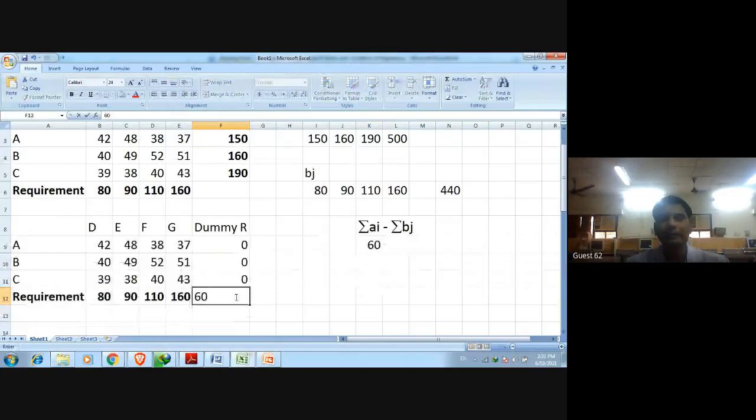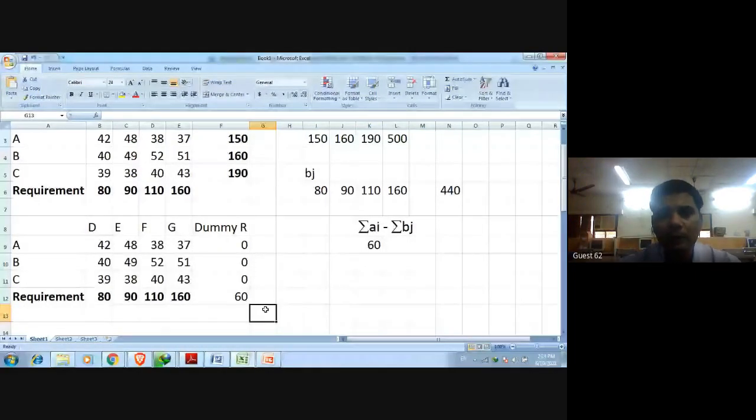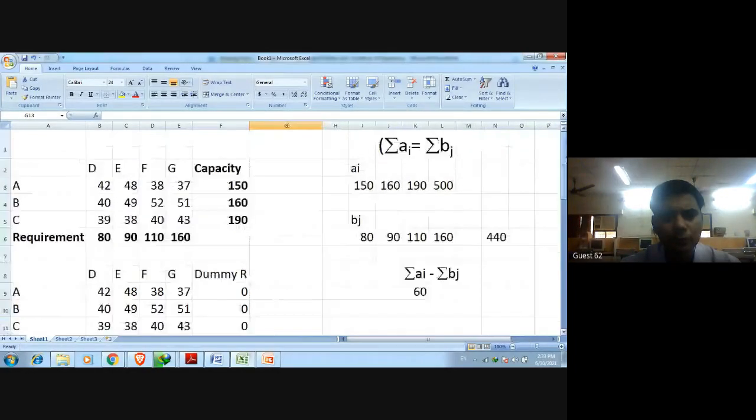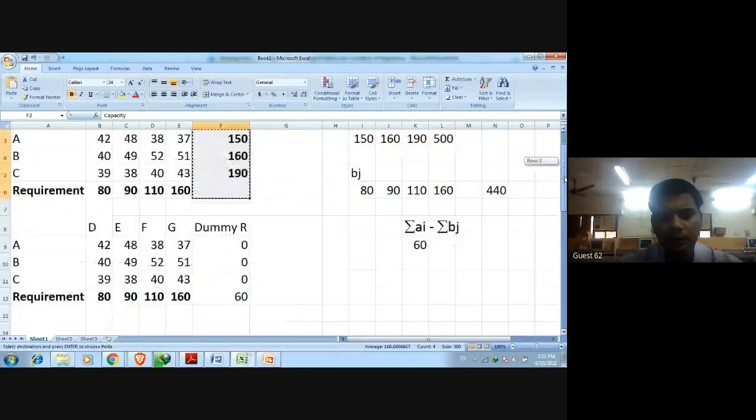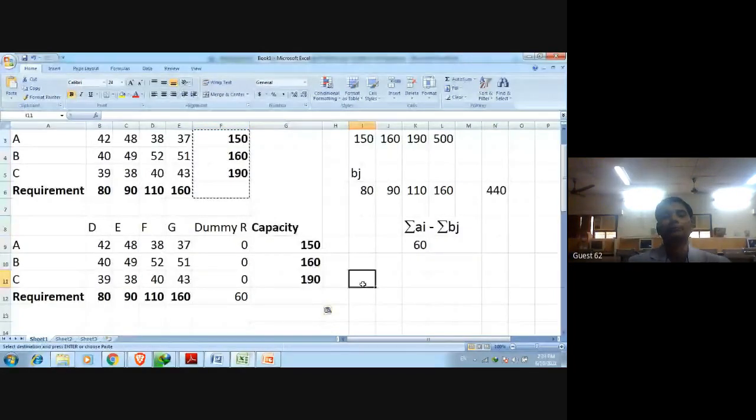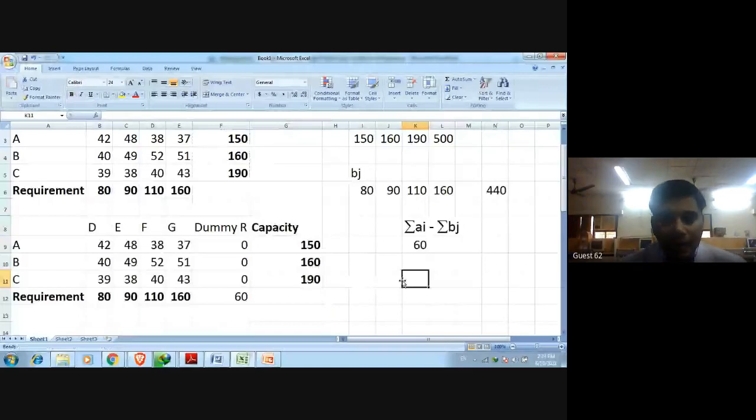After adding this, again we will write down our previous column, that was capacity. Control C, and I have written it down here. So this is your capacity. Now we have a balanced problem.